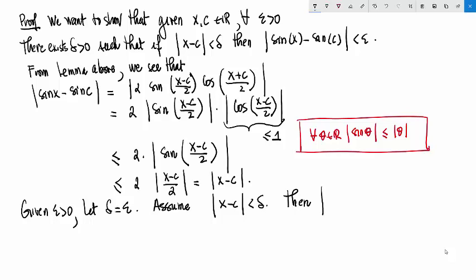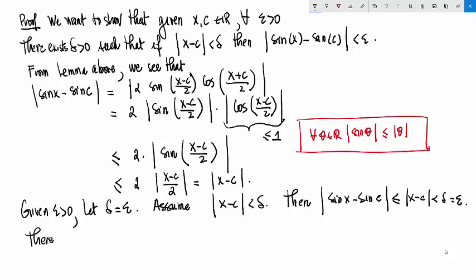Then automatically the distance between sine of x and sine of c is less or equal to the absolute value of x minus c, which is less than delta, which we set to be equal to epsilon.